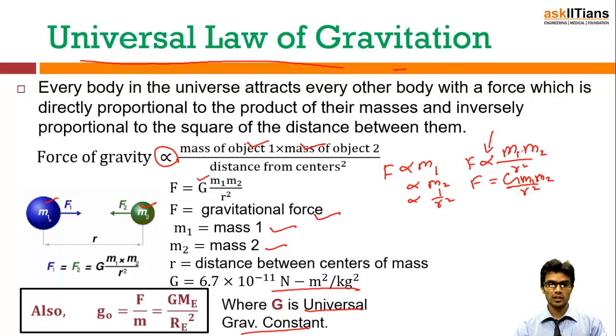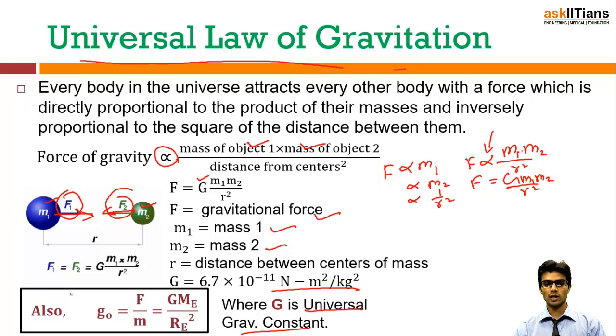So the direction of F1, the force on mass 1 due to m2, is towards m2, and the force on mass 2 due to mass 1 is towards m1. The magnitude of F1 is equal to F2, which is equal to G m1 m2 by r square. F1 and F2 are equal in magnitude but opposite in direction.